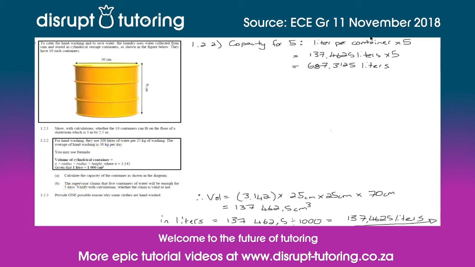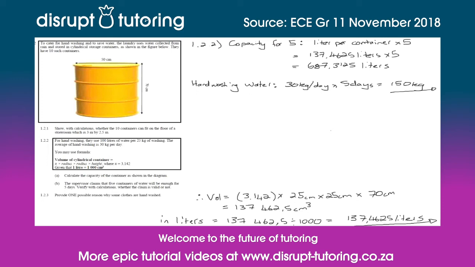So let's write, the hand washing water, your kilos will be your 30 kilos per day multiplied by 5 days. So this is going to equal, in your calculators, 150 kilos. So that's how many kilos of hand washing will be done in the 5 days.